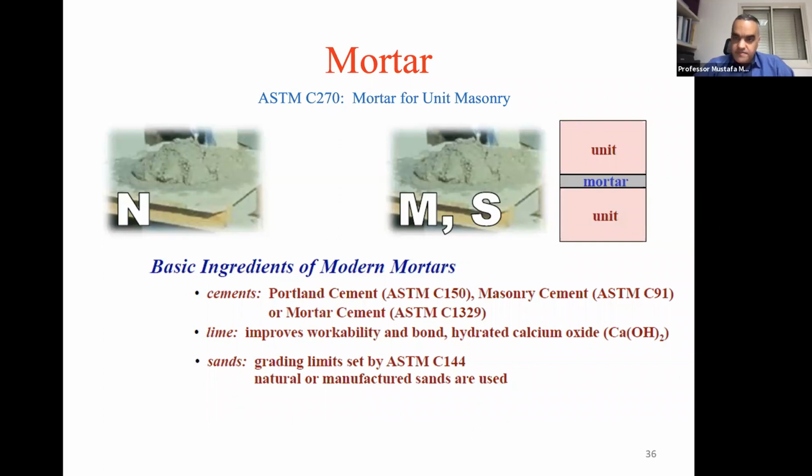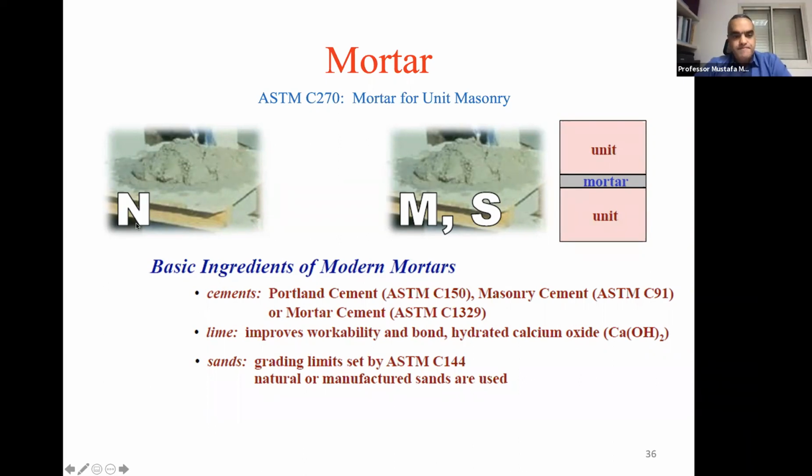So we have the units, and then we have the mortar, which we use to build these units together. And if it's reinforced, we have reinforcement and grout with it. So that's the composition of a masonry element. As you can see here in the figure, we have unit, mortar, unit.